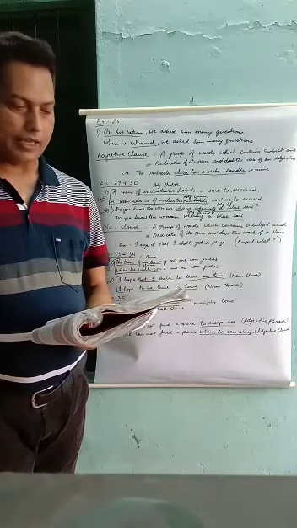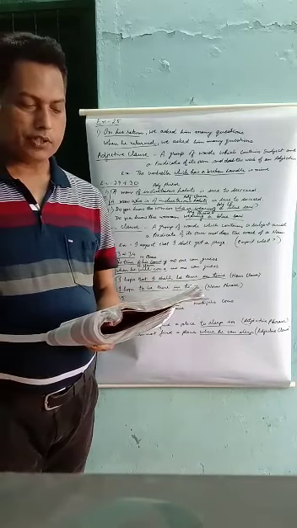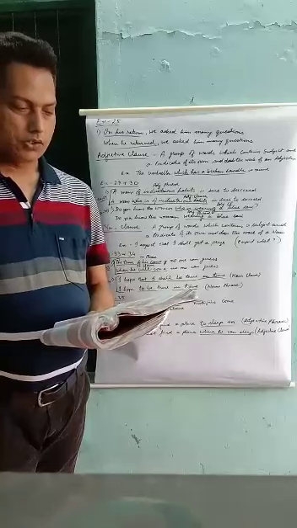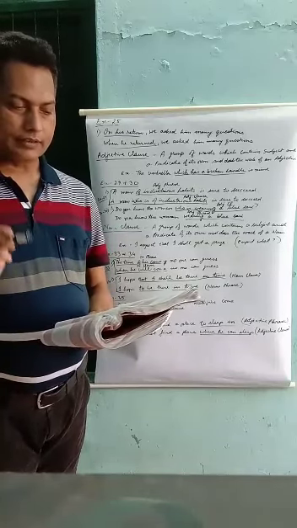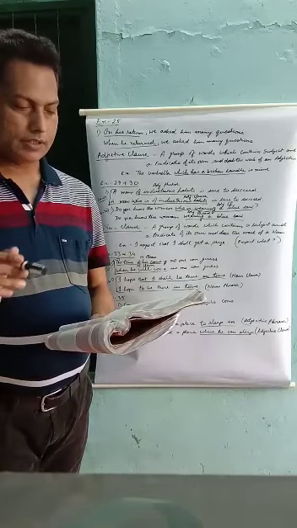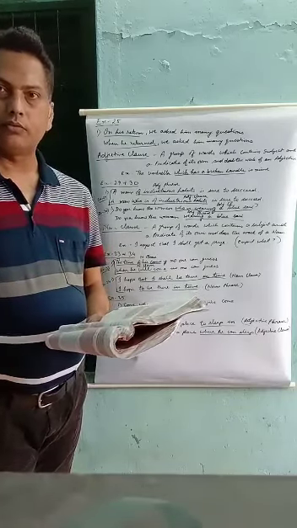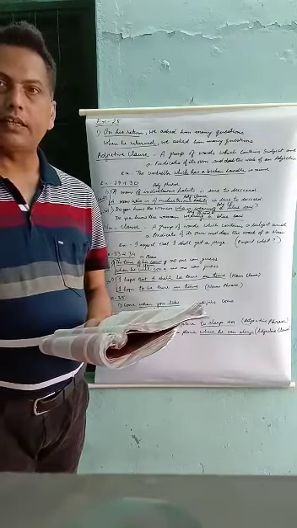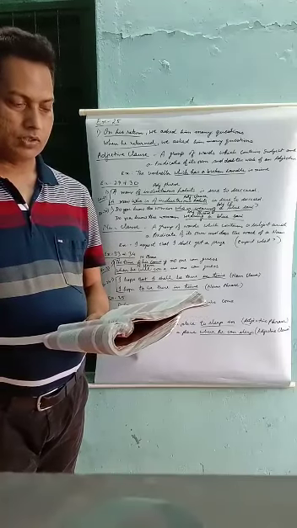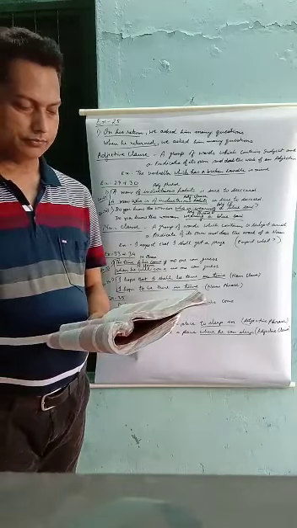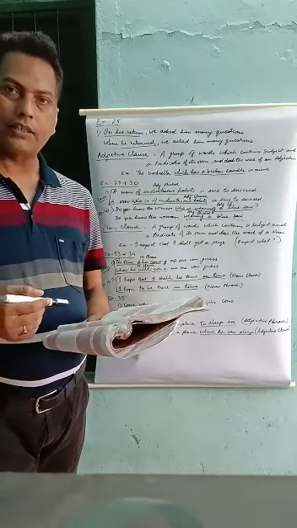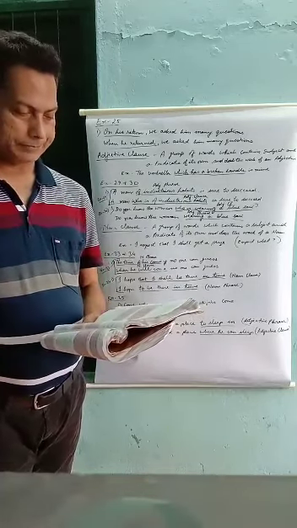Mary had a little lamb whose fleece was white as snow. In this sentence, you have to underline only that clause which describes the noun, which is little lamb. So the answer will be whose fleece was white as snow. In this way, this exercise can be done.